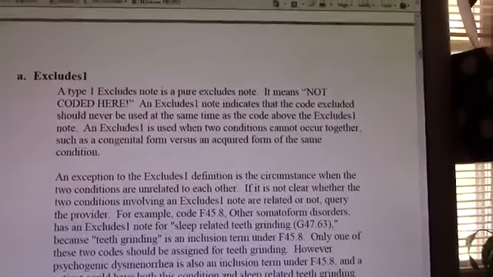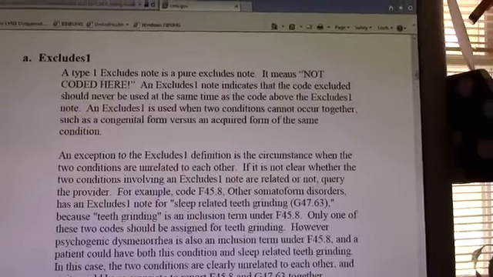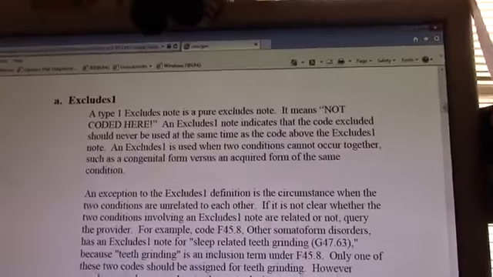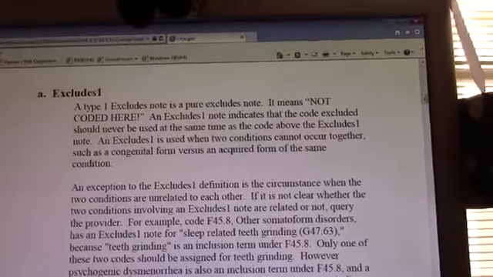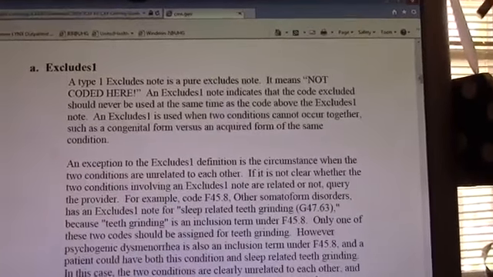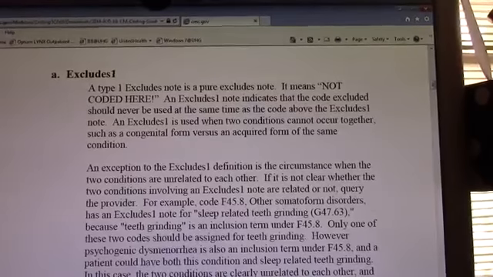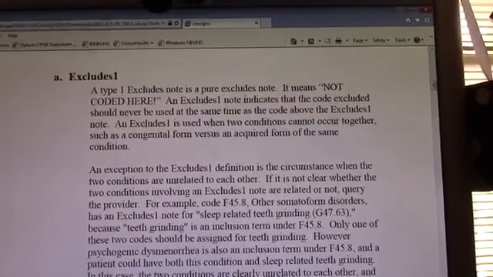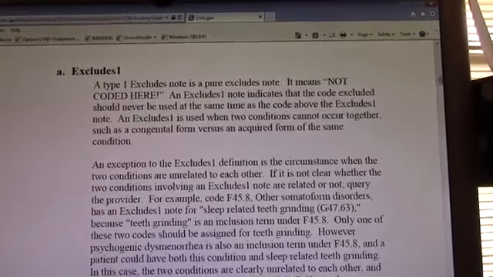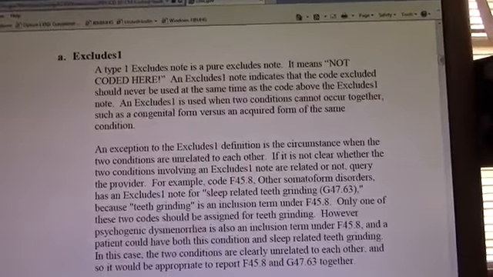An exception to the Excludes1 definition is the circumstance when the 2 conditions are unrelated to each other. If it is not clear whether the 2 conditions involving an Excludes1 note are related or not, then query your provider. Send a note to your provider and ask him.